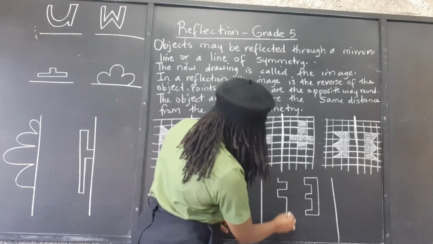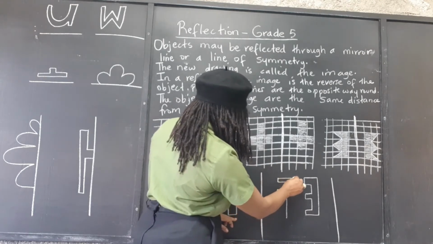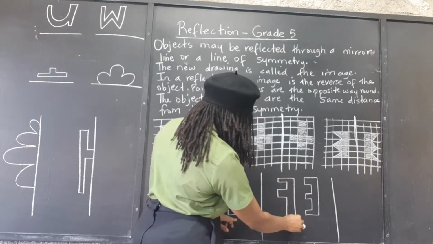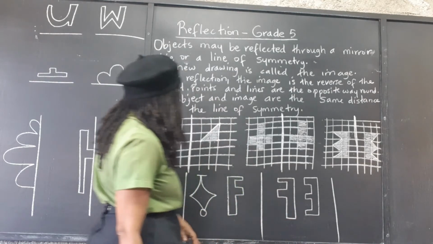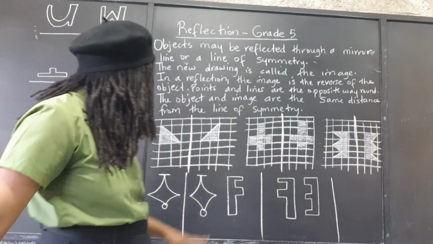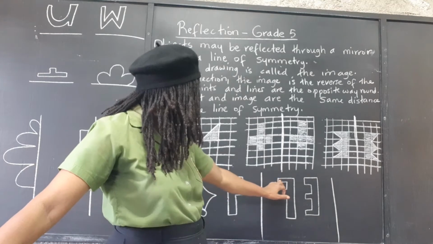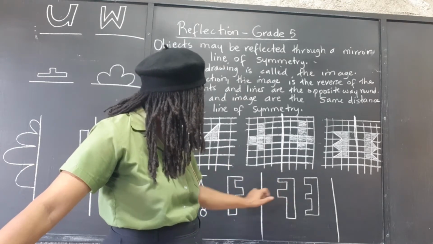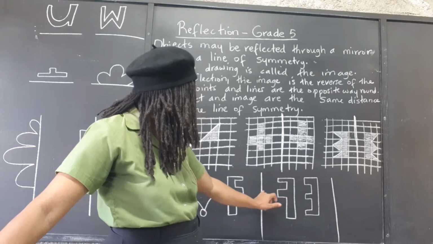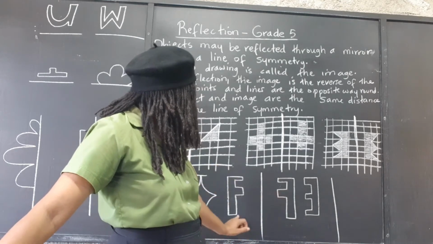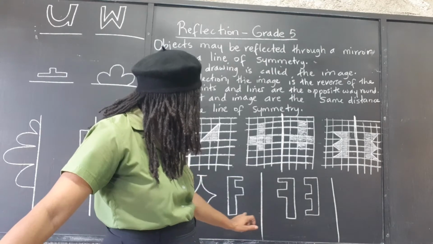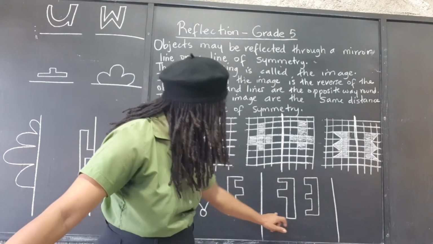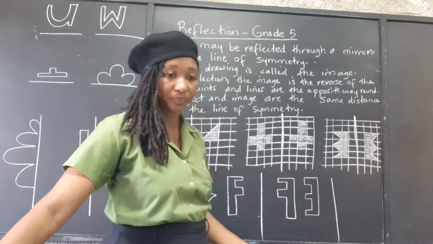Down to about there. Okay, so again you notice same distance from the mirror line, the object and the image same distance away. This was 2 centimeters, that's 2. If this was 5 centimeters from here to the mirror line, from here to the mirror line should be 5.